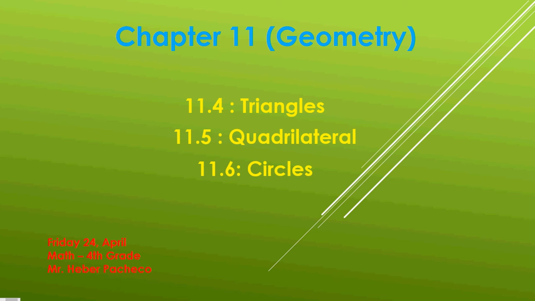Now, let's go with the first one. It's about triangles. You already know what a triangle is, but there's something you should know. To classify a triangle, we can look at the length of its sides and the size of its angles. Okay? For example, I have this triangle.